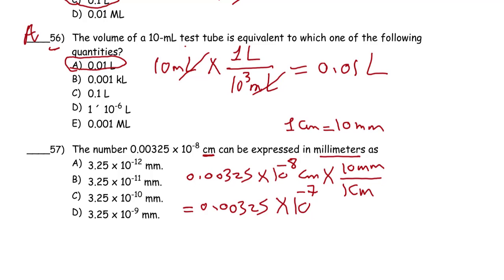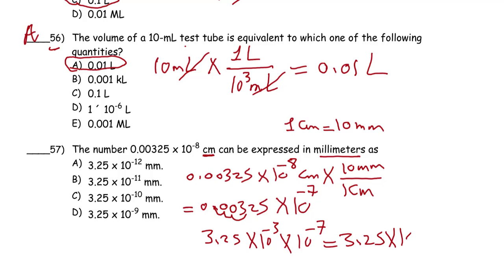So let's convert it to scientific notation. Here we will move this decimal point toward the right, so we will make the number greater, so we need to put 10 power negative again: 1, 2, 3. So 3.25 times 10 power negative 3 times 10 power negative 7 means 3.25 times 10 power negative 10. Do we have this answer? Yes, the right answer is letter C.